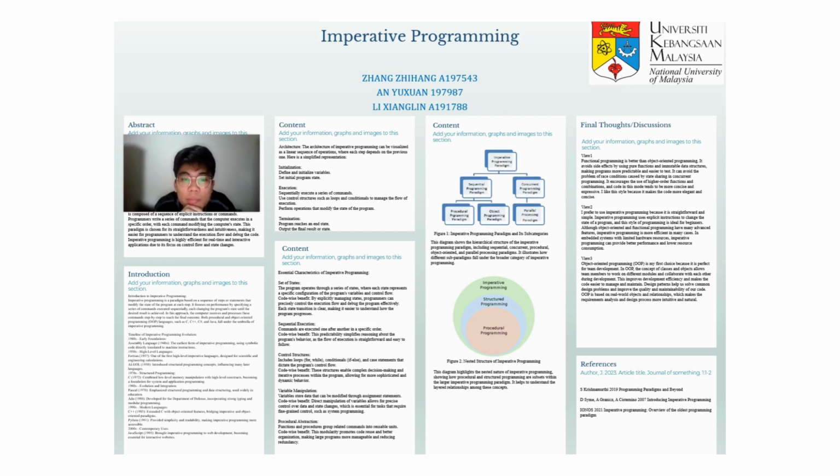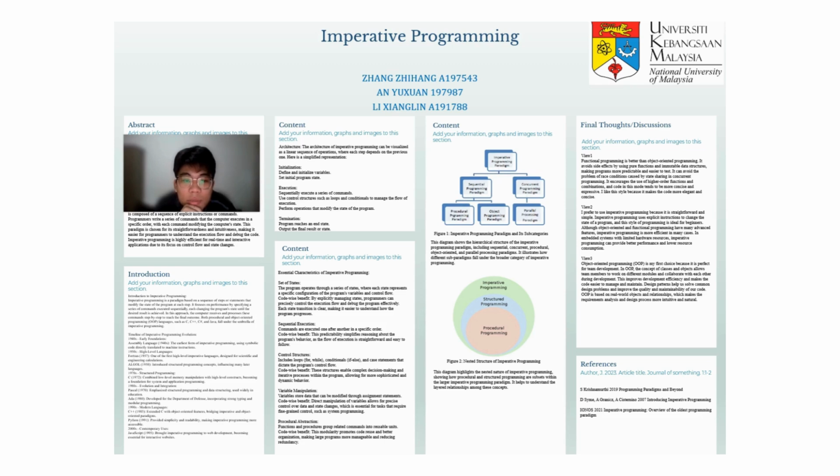Imperative programming can be visualized as a sequence of operations, where each step depends on the previous one. Here is a simplified representation. Initialization: define and initialize variables, setting the program's initial states.